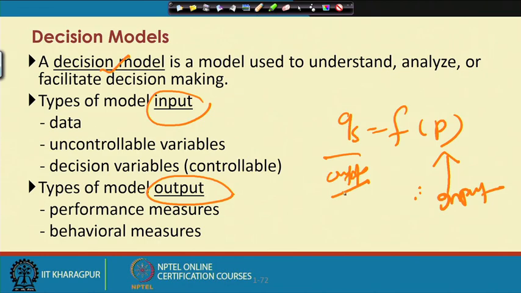Technically, when you are building a model, you definitely have some kind of flexibility or control, and you may not have some kind of control, but always you try to prepare models in such a way that maximum control is in your hand, so that the prediction can be good, or you can make the decision in a proper way. On the other side, the types of model are output based, to check the performance measures and behavioral measures.